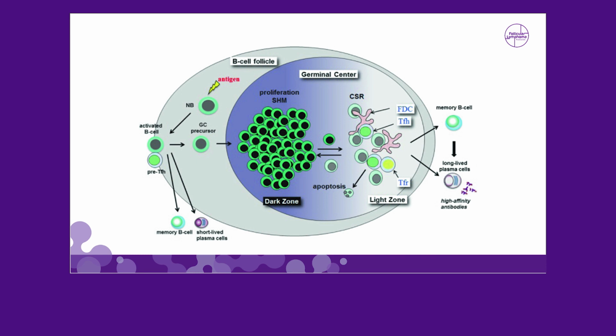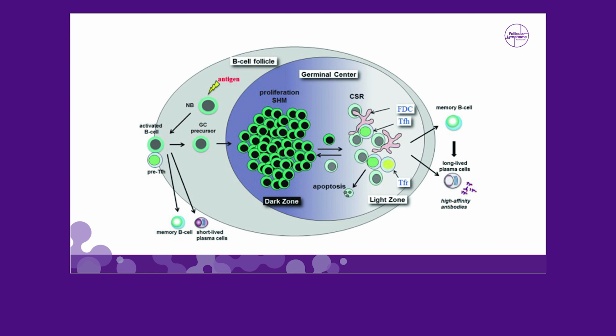Quite a complicated process. We have the naive B cell that is coming from the bone marrow. It has a surface immunoglobulin, and there is a large variety of B cells with a huge diversity of surface immunoglobulin.